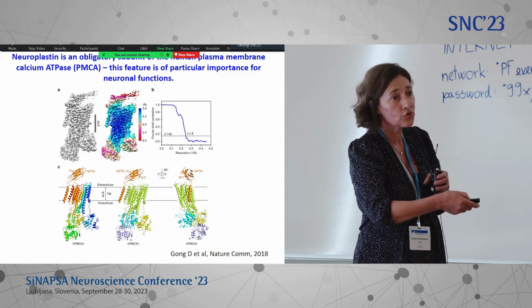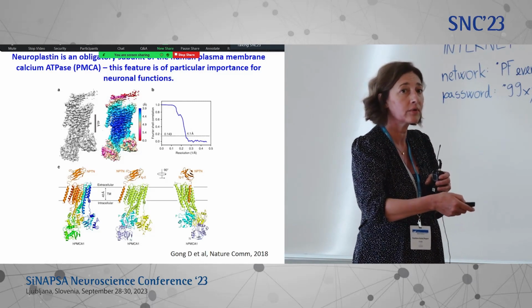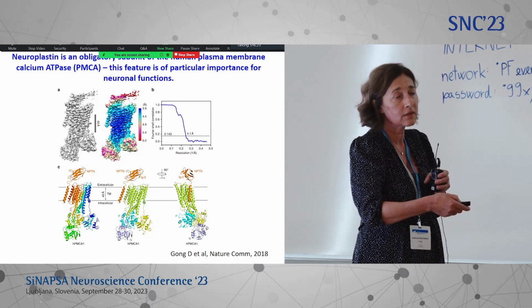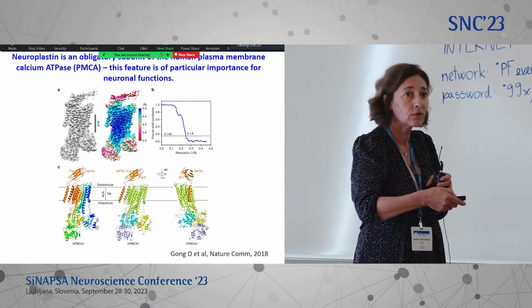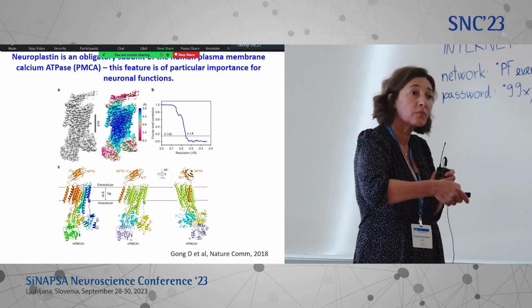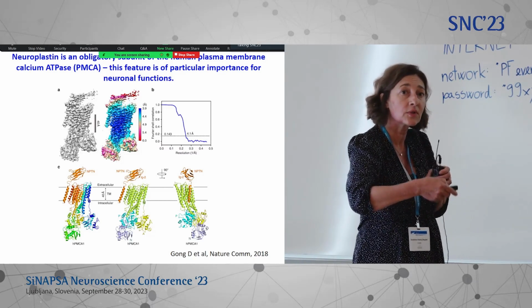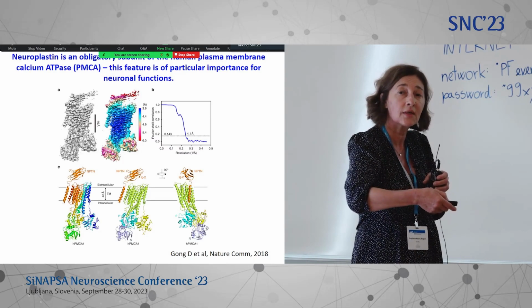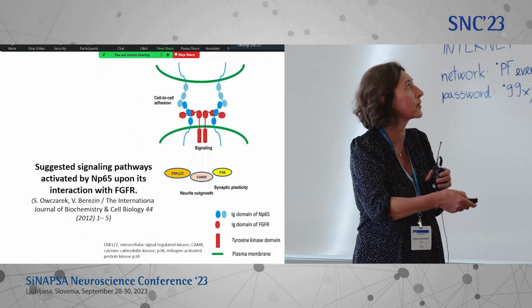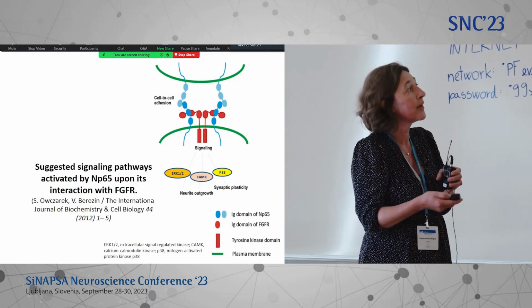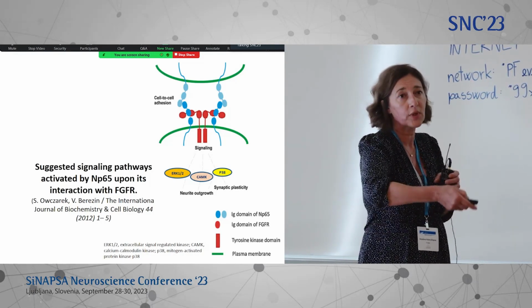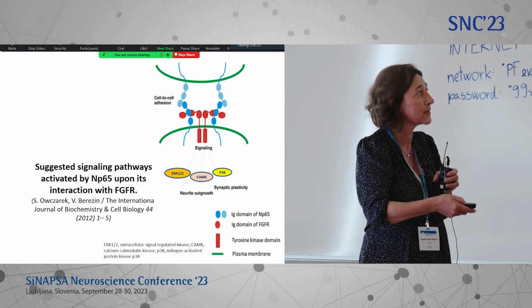This interaction is at the structural level, meaning that neuroplastin has been shown to be an obligatory subunit of the PMCA. If neuroplastin is not bound specifically within the membrane part of this PMCA, then the PMCA doesn't work properly. There are, of course, several suggested signaling pathways which are activated by neuroplastins.